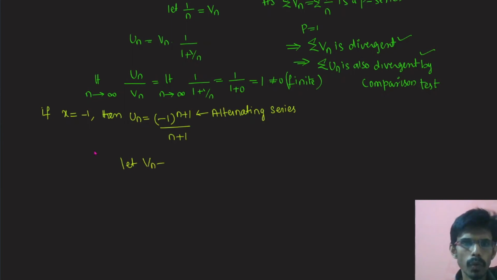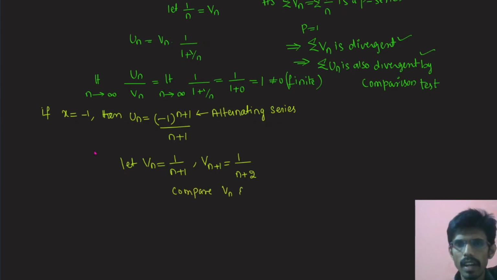Now let us take this vn equal to 1 by n plus 1 and take vn plus 1 also, the next term, that will be 1 by n plus 2. Now compare these two, vn and vn plus 1. By comparison, see the denominators, n plus 1 and n plus 2.